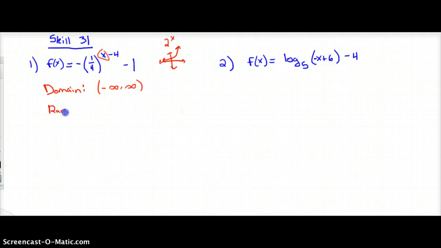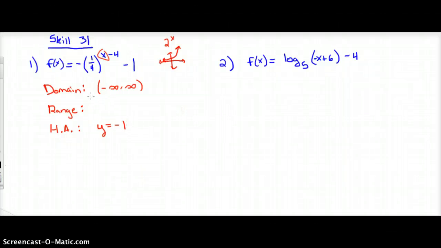Before finding our range, it's actually helpful to think about the horizontal asymptote here. It's slightly easier to identify. Our horizontal asymptote is going to be y equals -1.